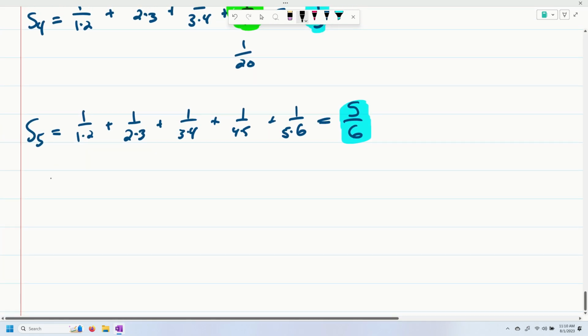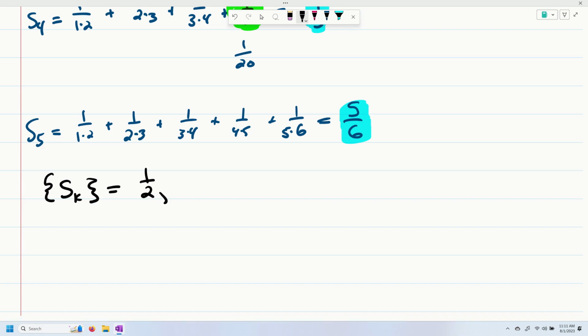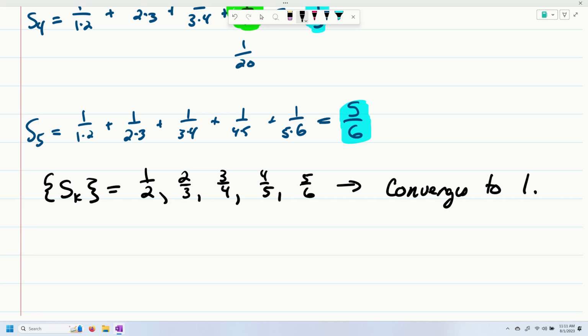So when we look at the terms in our sequence here, we have 1/2, 2/3, 3/4, 4/5, 5/6. So it looks like this is going to converge to 1.